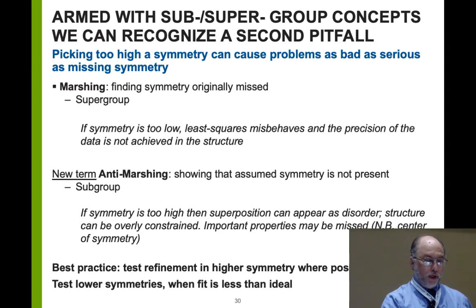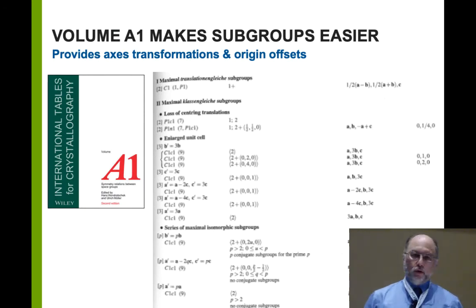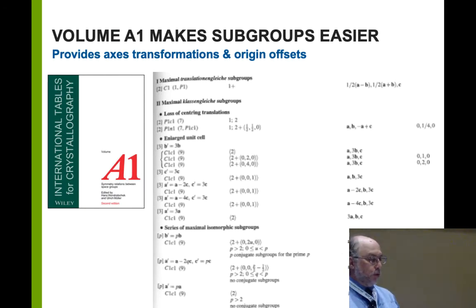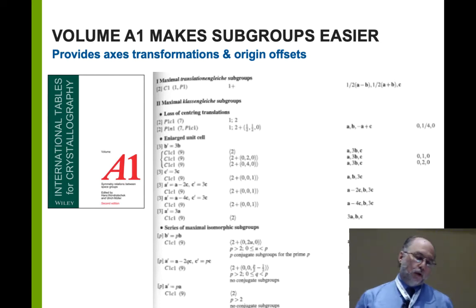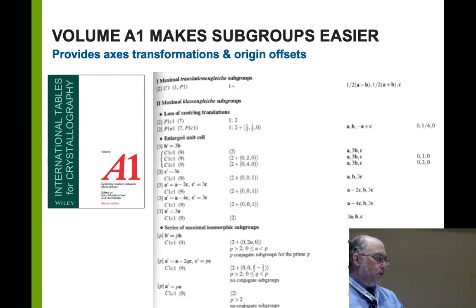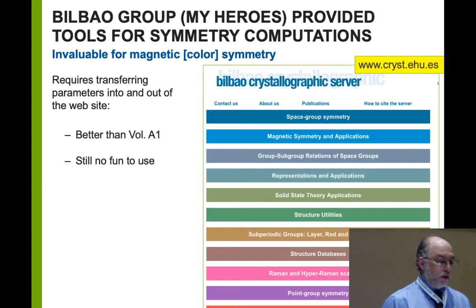Now, volume A has an auxiliary volume, volume A1, which makes this process easier. Volume A1 gives us the transformation and origin change that's needed to transform from one space group to another, but it's still no fun.